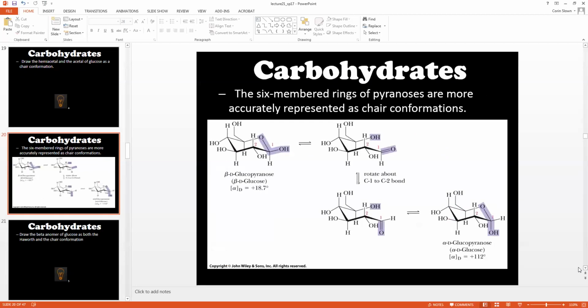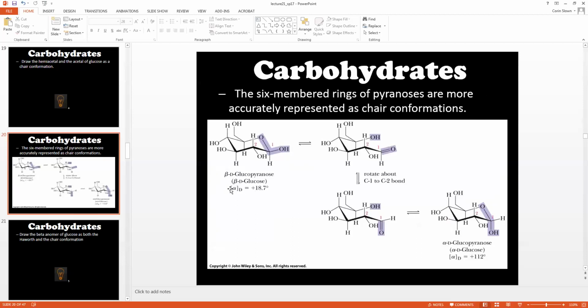So if we think about a chair of glucose, we can actually still see this anomeric position, where in this case, the hydroxyl group is up, so it would be beta. But if we were to break this bond and rotate and then attack from a different position, we would also be able to form the alpha compound.